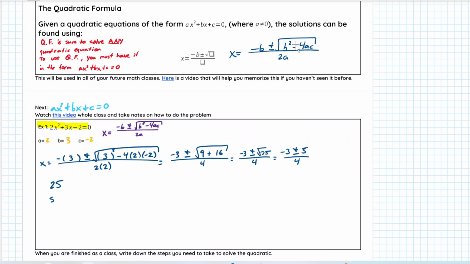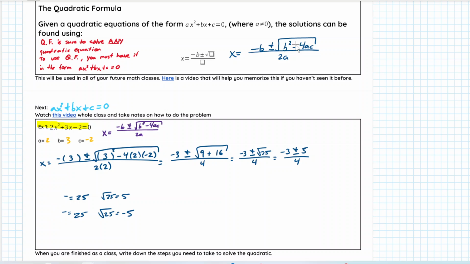Well, 5 times 5 is 25, so the square root of 25 will be 5. But negative 5 times negative 5 is actually positive 25, because remember, a negative times a negative is a positive. So that means the square root of 25 can also be negative 5, which is why we have that plus or minus up there.